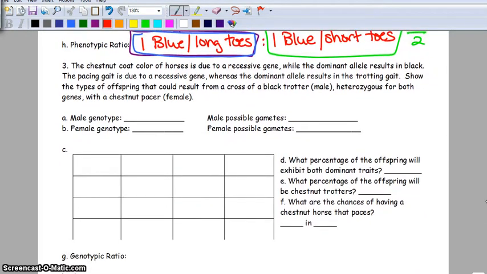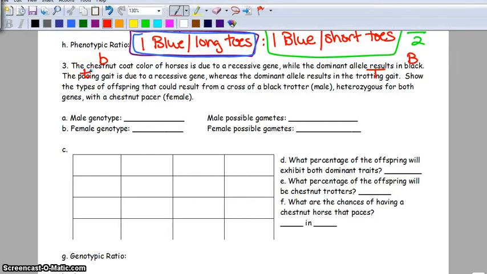Chestnut coat color in horses is due to a recessive gene, while the dominant allele results in black. So let's give a big B to the black fur and a little b for the chestnut coat. The pacing gait is due to a recessive gene, whereas the dominant allele results in the trotting gait. So capital T for trotting, a lowercase t for pacing.